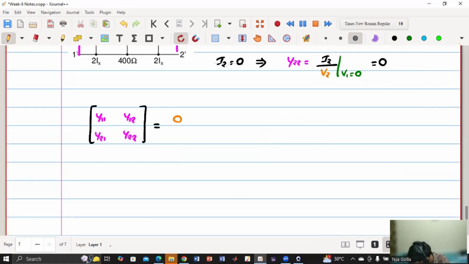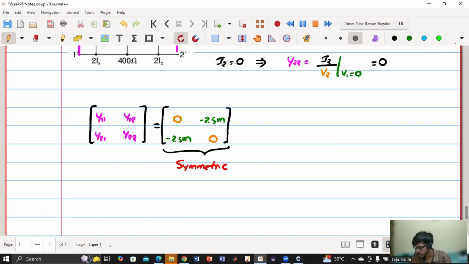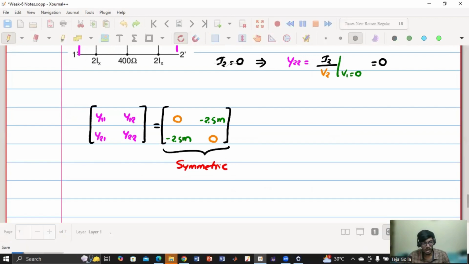This is 0 and this is 0, and this is minus 2.5 milli and this also minus 2.5 milli, because the circuit is symmetric. And this you will learn next week: when it will be symmetric and when it will not be symmetric.